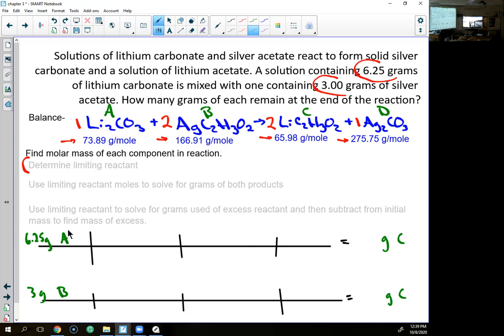I won't put numbers in yet. I know I have grams of A, and that would be per 1 mole of A. That means I have mole A here, and then I go to the end. The grams of C have to match here to here, and that would be 1 mole of C. And up here would be mole of C.